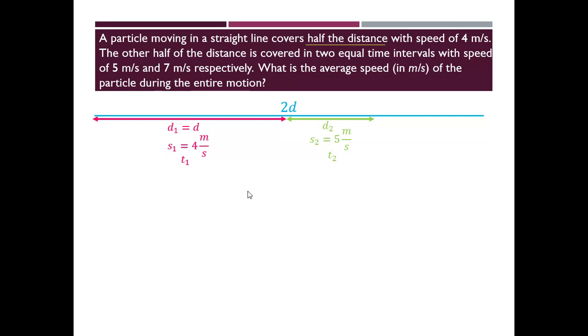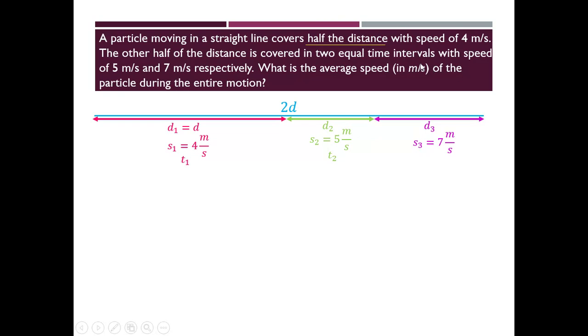Well, what do I know about the third segment? Do I know how long it is? No, I don't. So I'm just going to call it D3. What I do know is the speed for the third segment because it's given in the wording here as 7. What's essential too is the wording in the second sentence. It says the other half of the distance is covered in two equal time intervals.